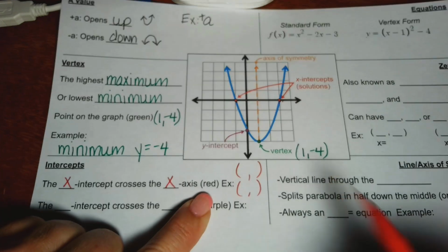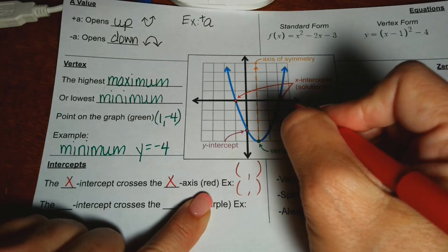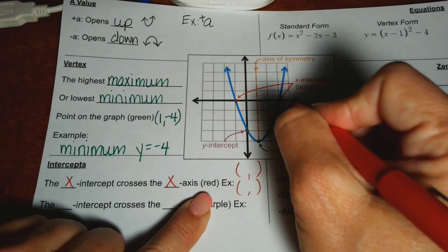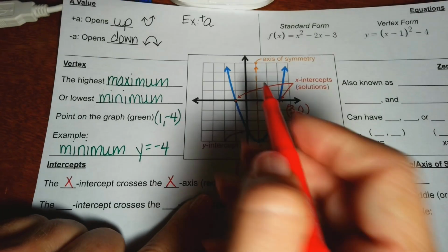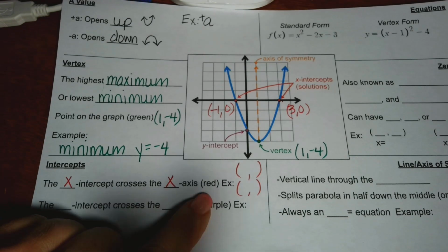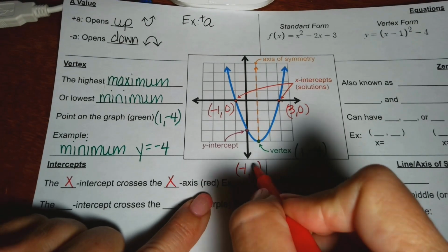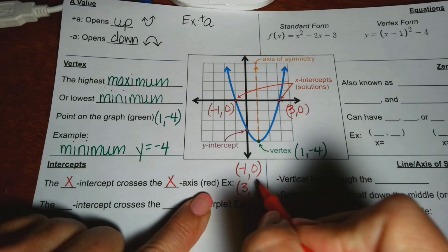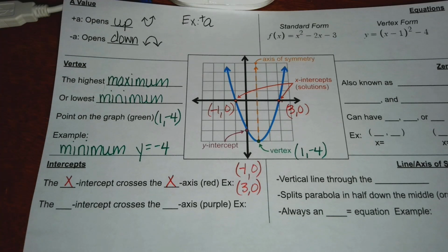There's 2 of them where they cross. So starting at the origin, 1, 2, 3 to the right, and then 0 up and down because it's on the x-axis. This one is moving left to -1. So there are 2 x-intercepts, (-1, 0) and (3, 0).